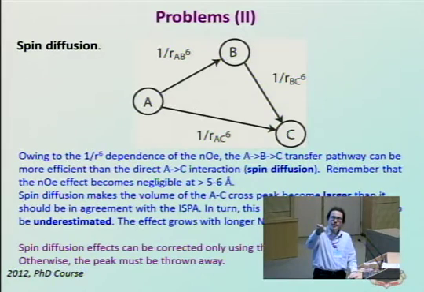So in favorable cases, you can have multiple-body interactions, like 3-atom interactions, where you get an interaction between A and C, but you can also get an interaction between A and C that goes via B. So A is interacting with B, and B is relaying this interaction onto C. So you have a direct interaction, and you have an indirect interaction, which is called spin diffusion in the NMR jargon, via the third spin.